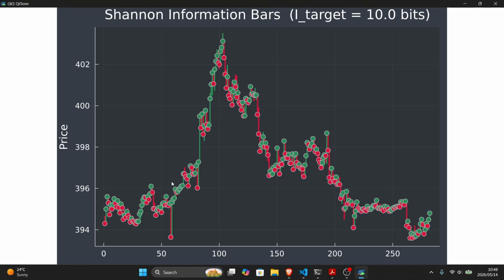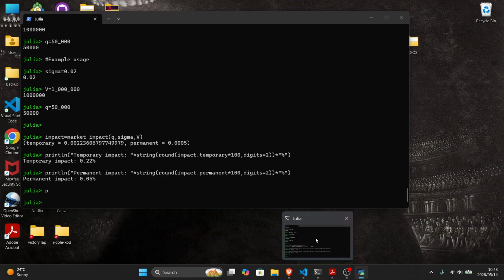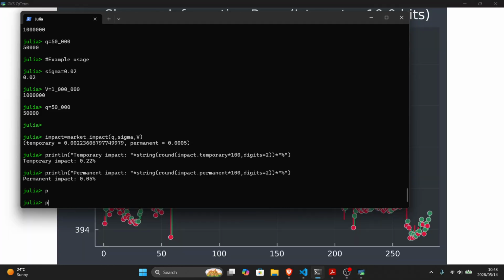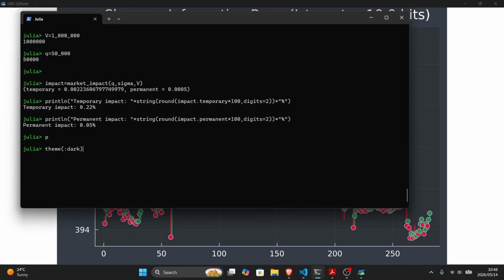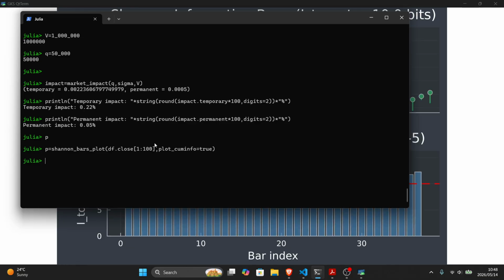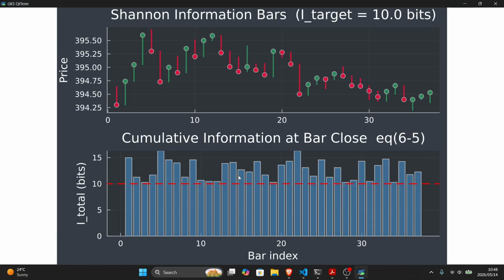And every single close here that you see, or every single bar, represents the target being met. But just looking at it like this, you might as well be blind. Let me just change up something real quick. Take just the first 100 entries.